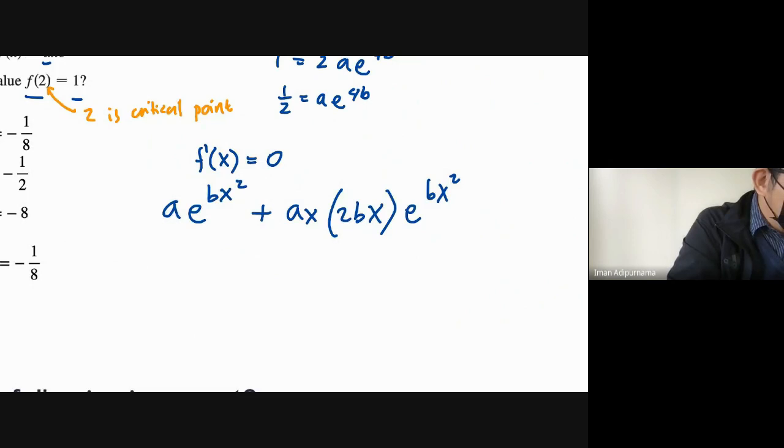And when x equals 2, this f prime will be 0.